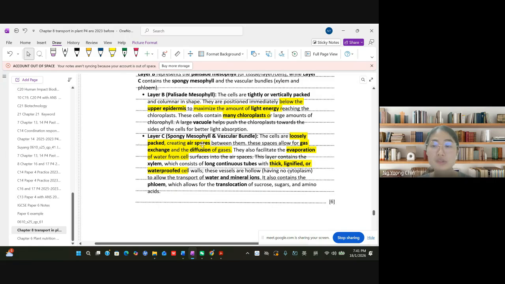For the spongy mesophyll cell, they are loosely packed, so they are usually associated with a lot of airspace. This airspace helps allow gas exchange and diffusion of gas. It also allows the evaporation of water from the cell surface to the airspace.